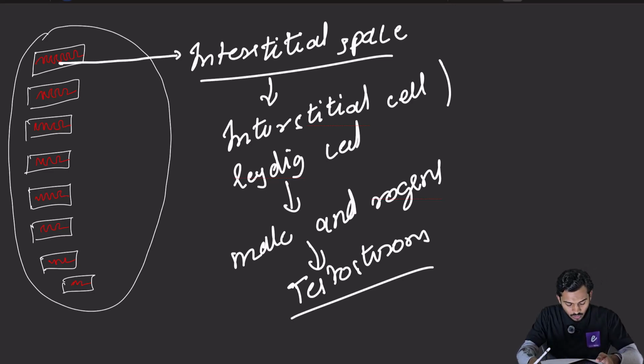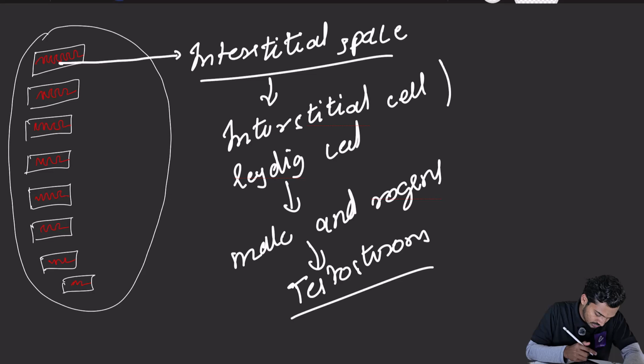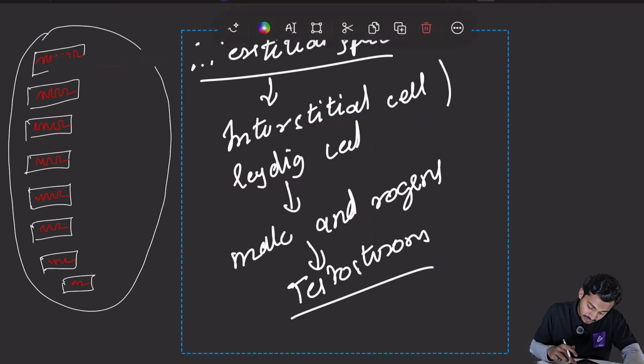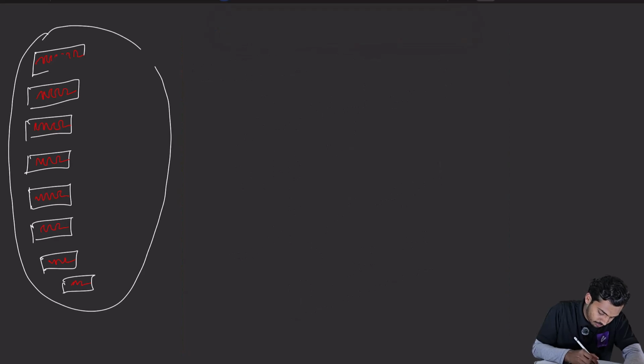So the space outside seminiferous tubule is called as interstitial space. Interstitial space has interstitial cells or Leydig cells, and they secrete male androgens or testosterone. Understood? Okay, now see here. अब यहाँ पे देखें, this is very important for you people to understand.